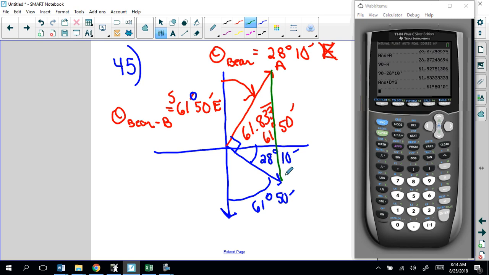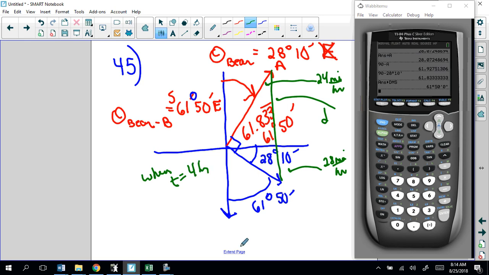If the first ship sails at 24 miles per hour, so ship A is 24 miles per hour, and ship B sails at 28 miles per hour, they want to know the distance D when t equals 4 hours.